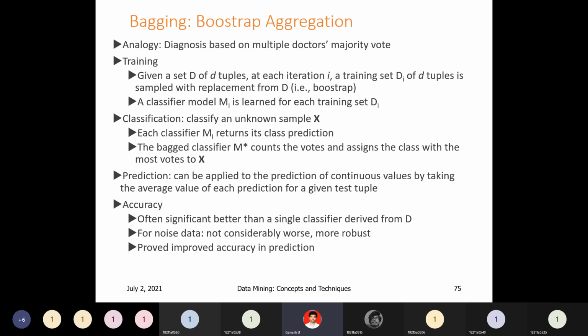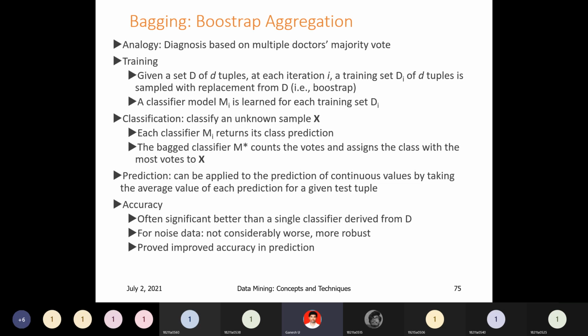Here also the same training set. What does the training set consist of? Given a data set D of d tuples. The capital D data set consists of some hundred or thousand data tuples, and each and every tuple is treated as small d.